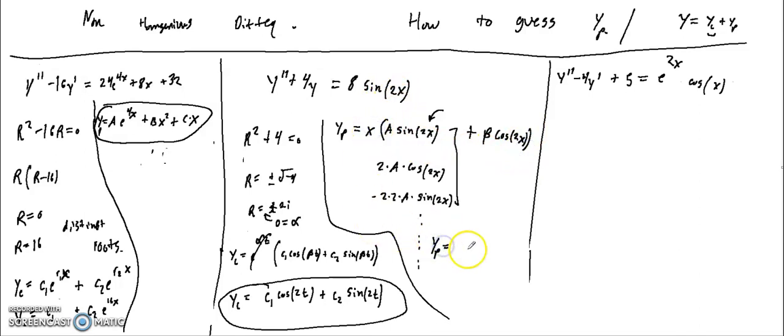So yp ends up being ax sine of 2x plus bx cosine of 2x. And that is our guess. Then you derive this, you'd plug it into this equation, you'd solve for a and b, add them together, and you get your final solution.